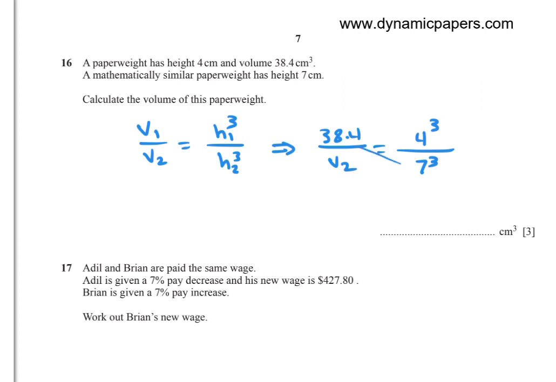Now cross multiply to find the volume 2. So 38.4 times 7 power 3 divided by 4 power 3 equals 205.8 cm cubed.